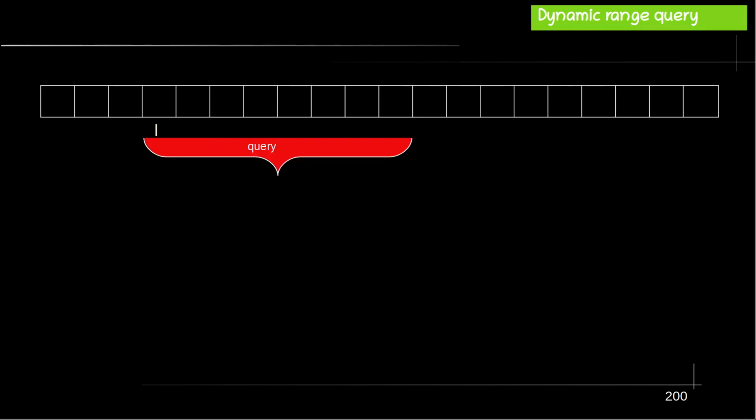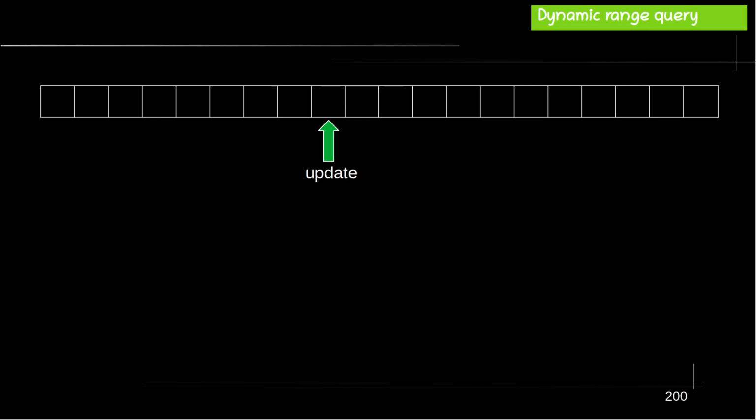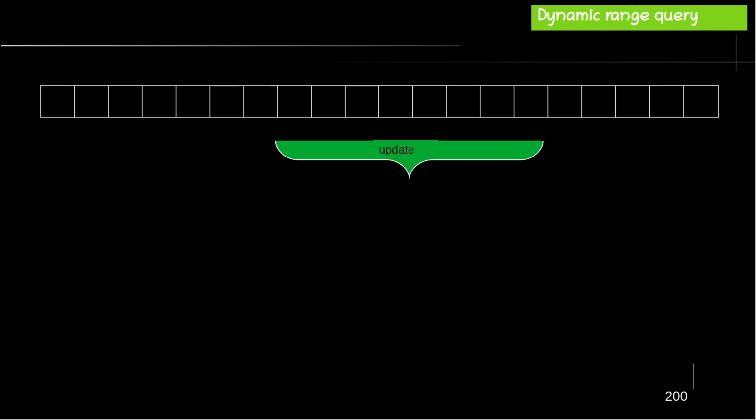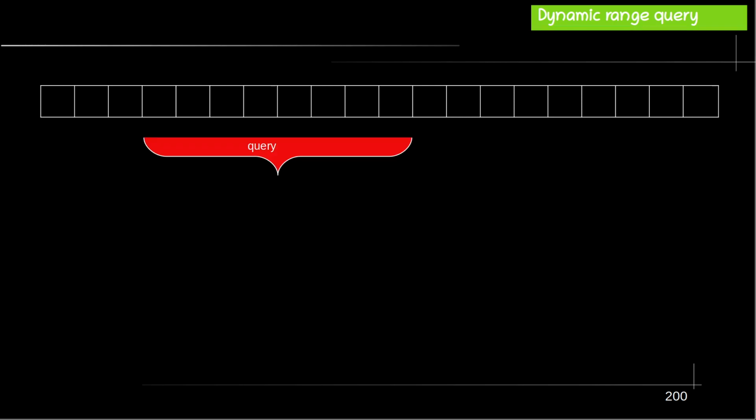I can query the sum or the minimum or any other function, as we have seen in the static range queries. If I query from left to right, it's okay. We have seen this, but here I can update just one element of the set, or update a range of elements from left to right, and I query another time.